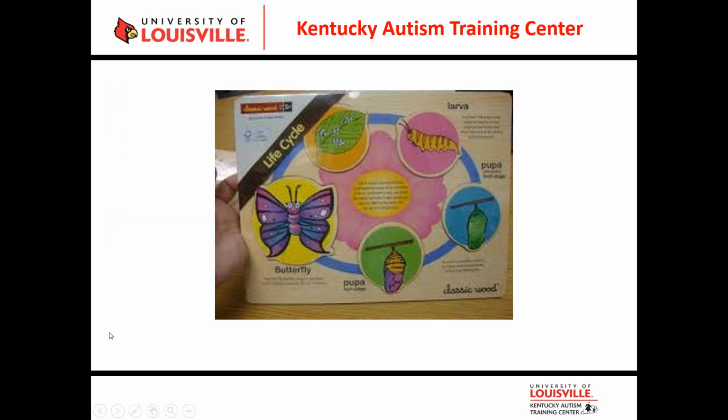And then in independent workstation, to reinforce that skill, is a matching puzzle. This is the life cycle of a butterfly. Most of my kids were fairly independent with puzzles, or at least this is what I would use with a student who was independent with puzzles. So in independent workstation, they would work on a puzzle, putting together the life cycle of the butterfly.